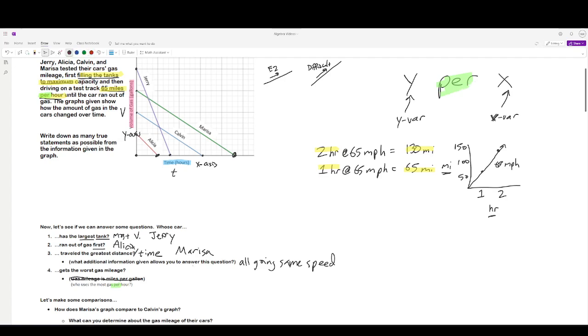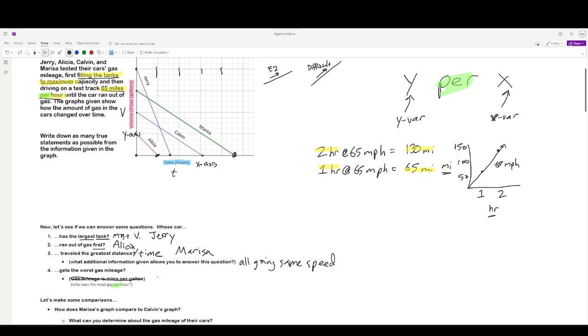But let's go back to our question. Most gas per hour. So if we think about these as being like 1 unit per major line here, so 1, 2, 3, 4, then we can see that Alicia traveled 1 time and 1 gas.